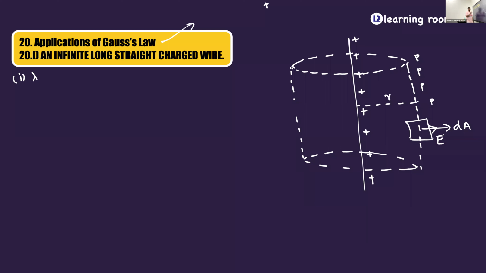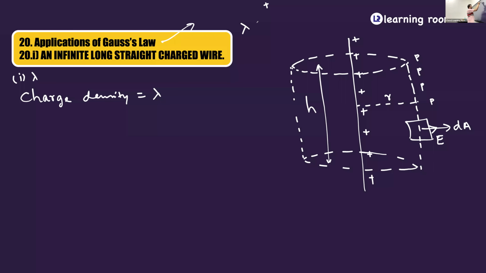What is the next step? Find the total charge that is present. So if I take this height to be h for the time being, what is the charge density? Charge density is lambda, but we know that charge density is the charge per unit length. So what is the total charge enclosed within this Gaussian surface?